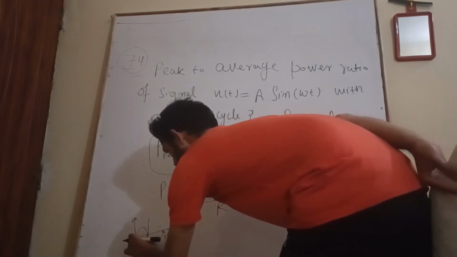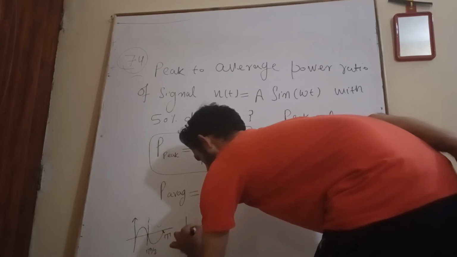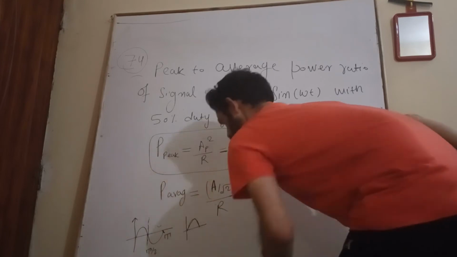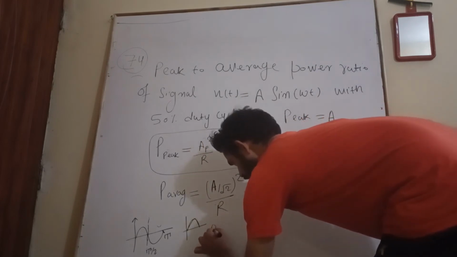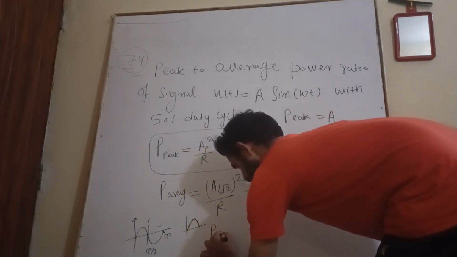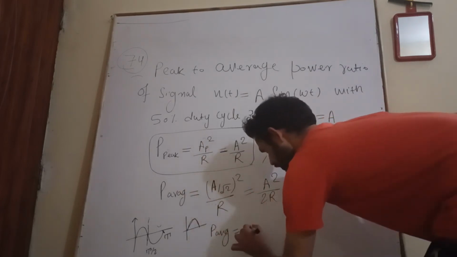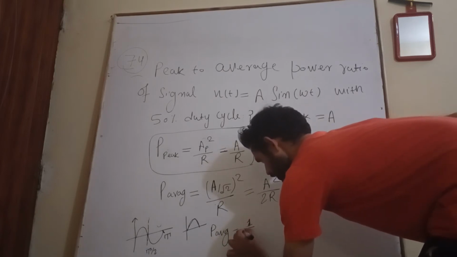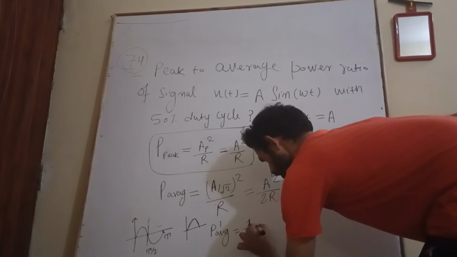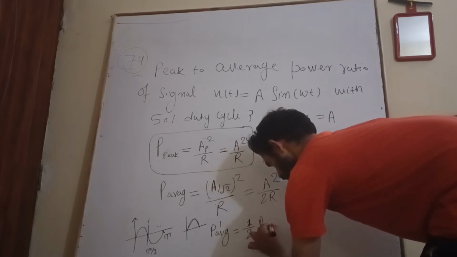So the average power is half of the actual average power.